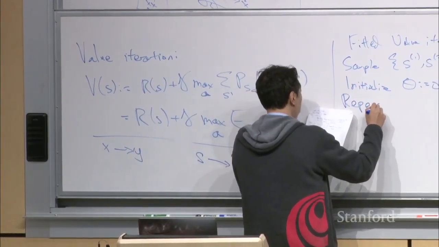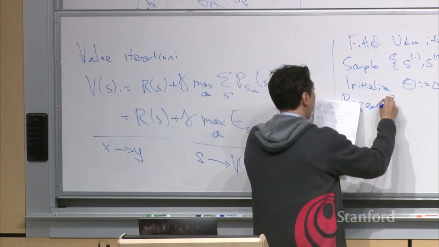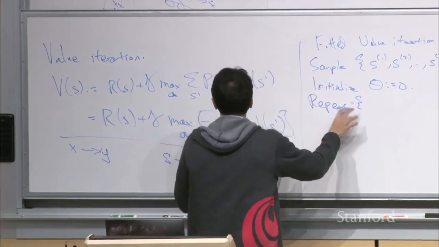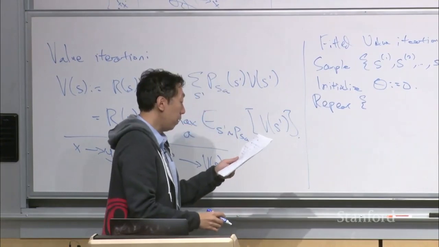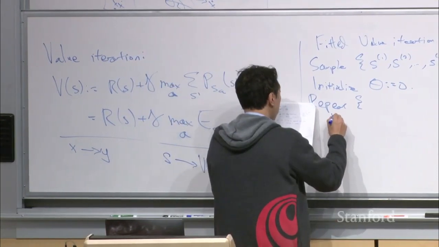And so this is the outermost loop of fitted value iteration.